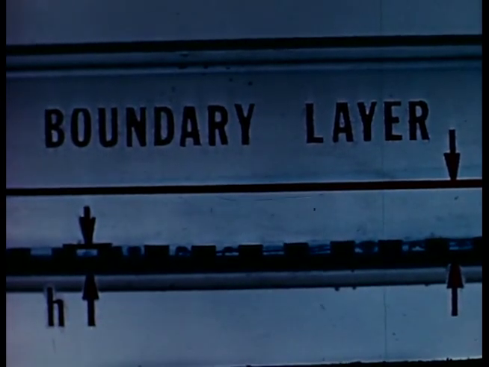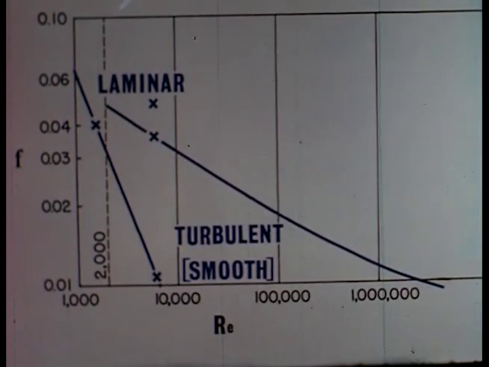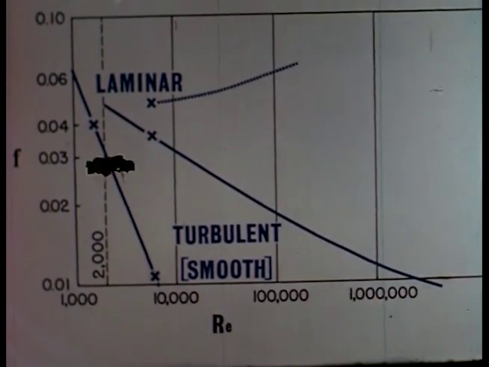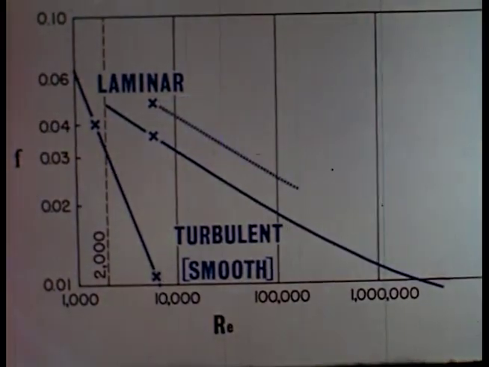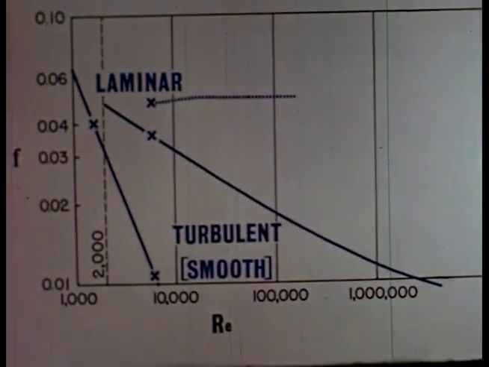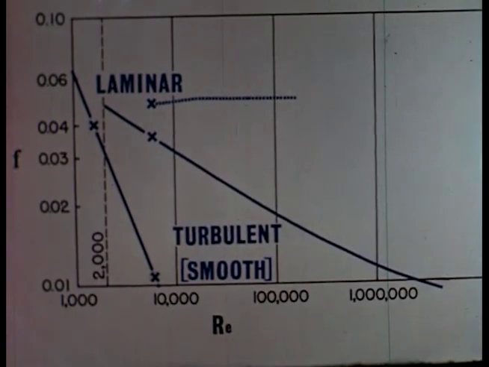Depending on the roughness characteristics, friction factor in fully developed pipe flow may increase with Reynolds number, decrease with Reynolds number, or remain constant. A similar range of possibilities also exists for the drag coefficient of a plate.